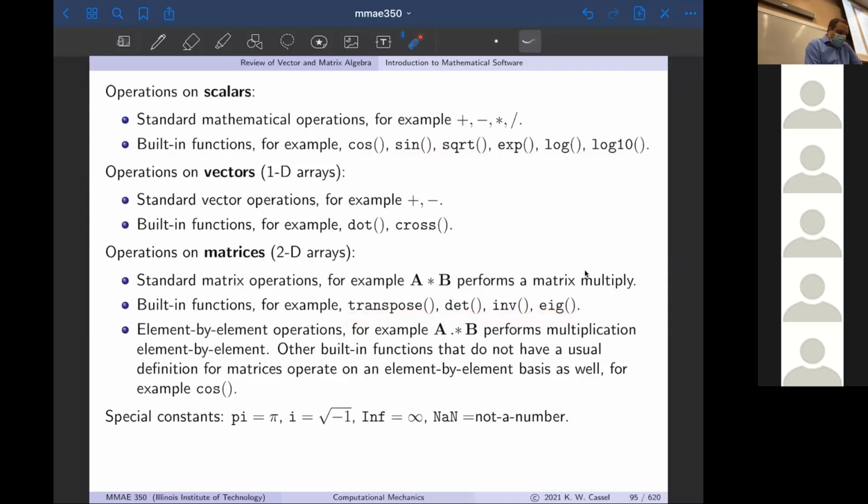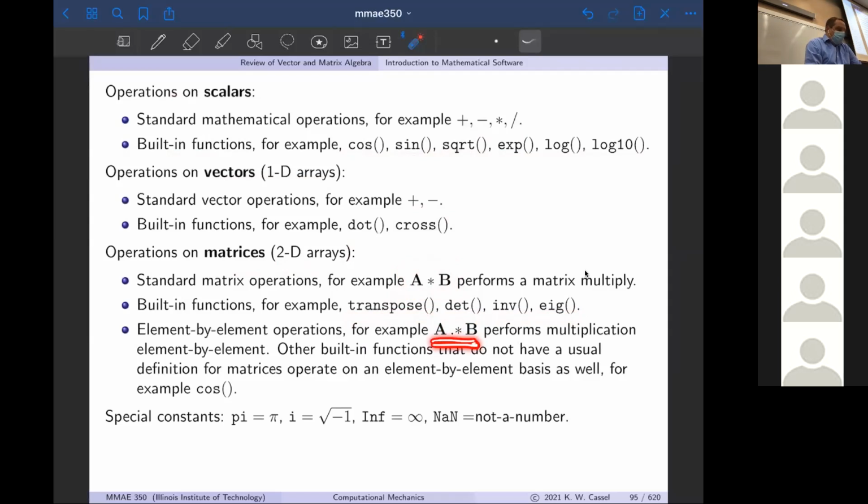You can also do element by element operations. For example, if I do A asterisk B, that's going to do matrix multiplication. If what I really want is just take A11 times B11 and put it in C11, then you put a dot. And then that tells it to do element by element multiplication. Does that make sense?